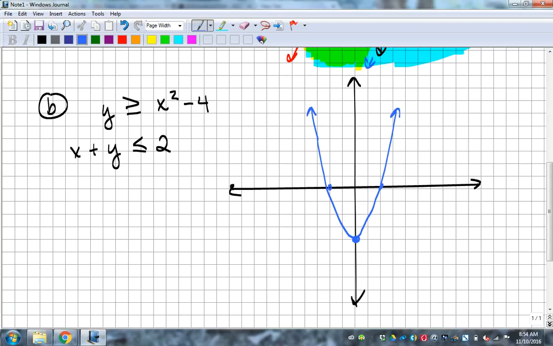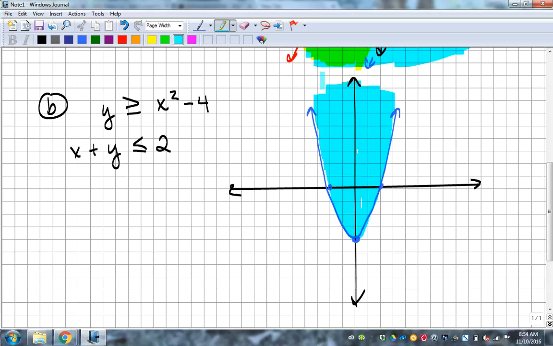So is 0 greater than or equal to -4? Yes. So that means for this parabola, I'm going to shade the inside of that parabola. If it were false, I would shade the outside of it. That's what we're getting at there.